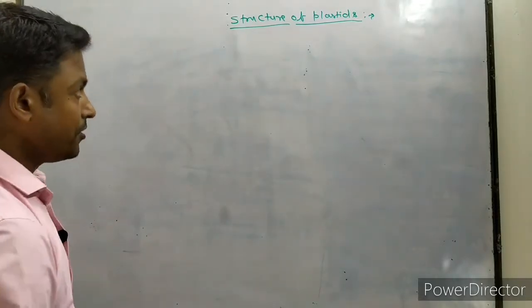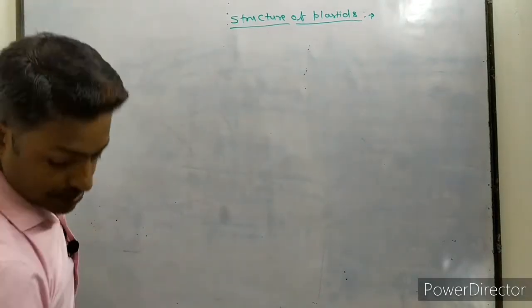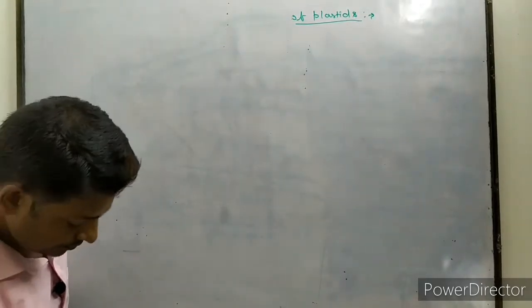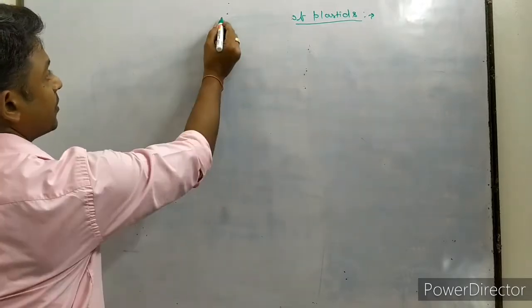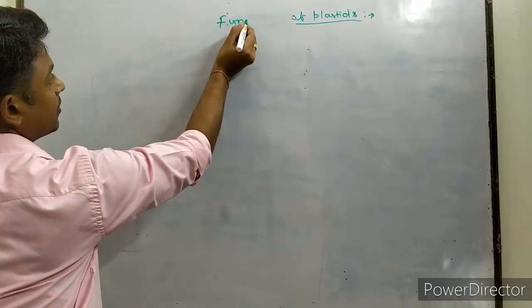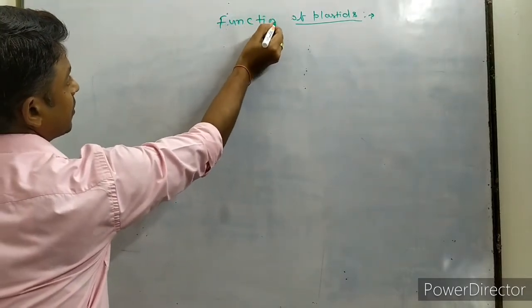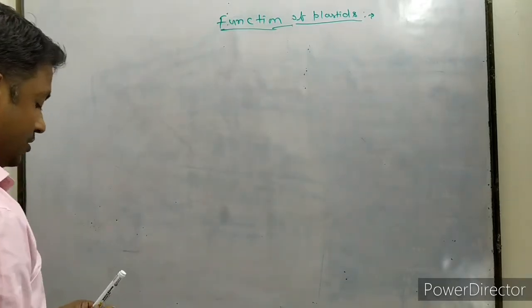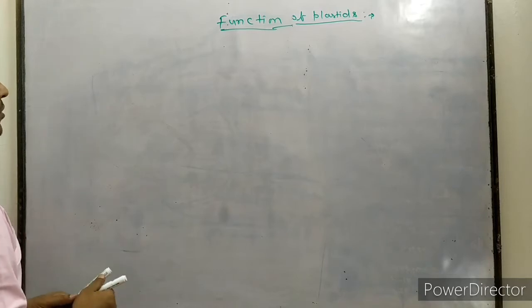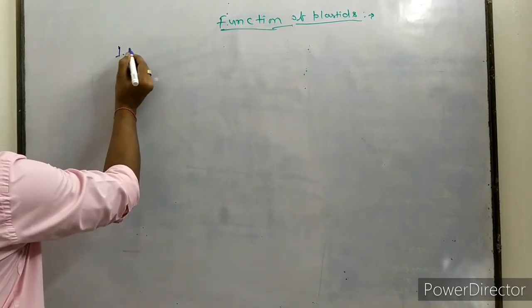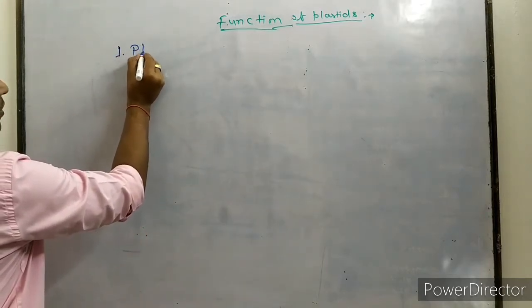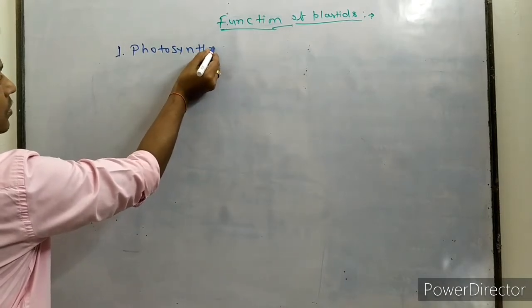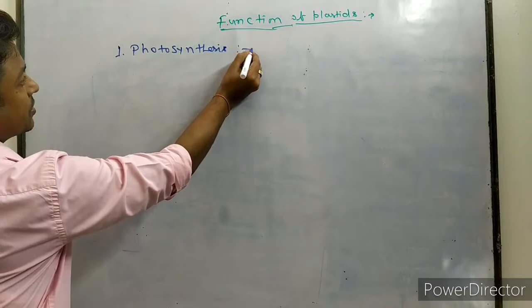Functions of plastids. Here the first function is photosynthesis.